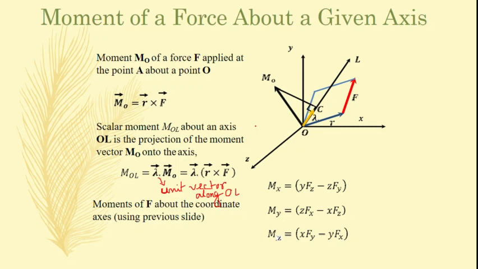Okay, now suppose we draw a force here. Suppose this one is the force F, and suppose a point P is defined within the line of action of this force, and we want to find the moment of this force about another point, suppose Q. First we have to take a position vector.